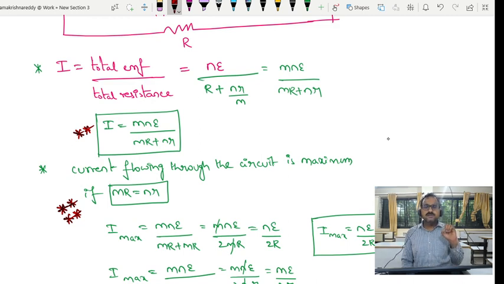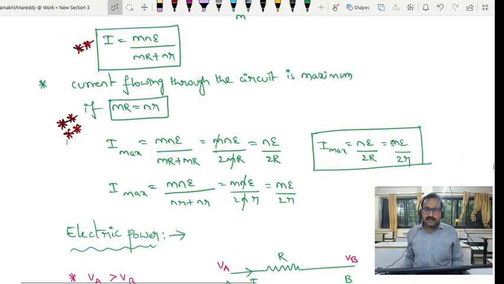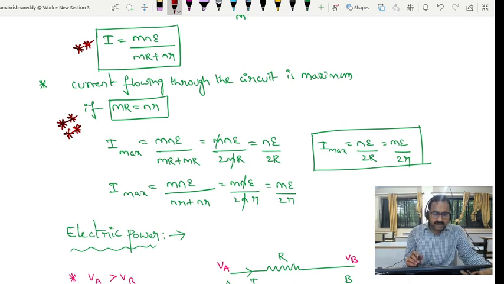Current flowing through the circuit is maximum if mR is equal to nr. Just substitute here, what answer are you getting? I is equal to nE divided by 2R only. In the same way, we are calculating the maximum value now, by substituting mR equal to nr. So we got two answers that we wrote here.